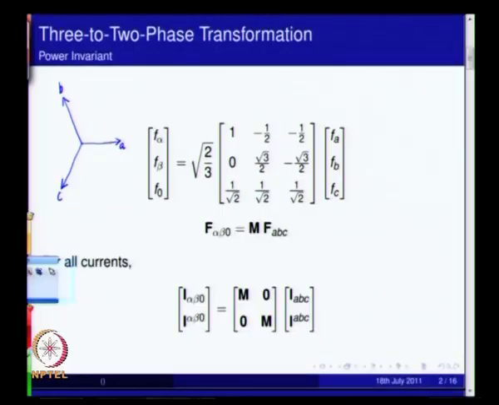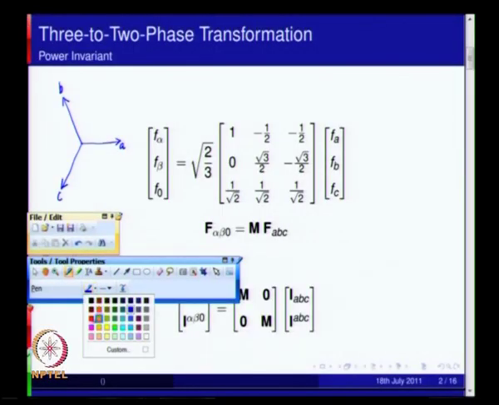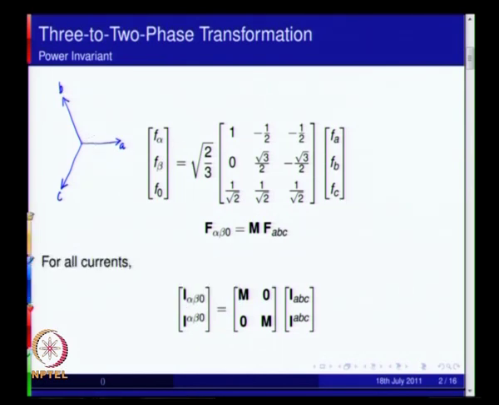Now these three together will then generate a net MMF, and let us say that we draw the net MMF generated by the three phases as an arrow, which can be defined by the length of the arrow and the angle that it makes with the stator A phase axis, which we take as a reference.